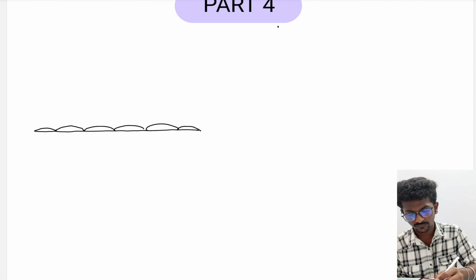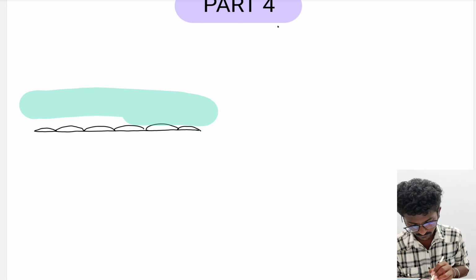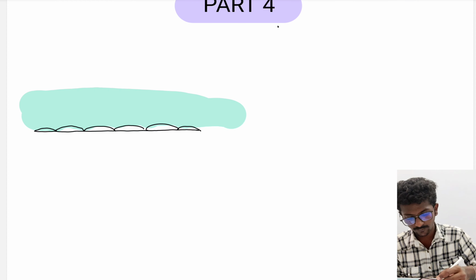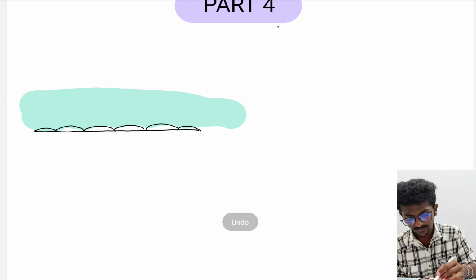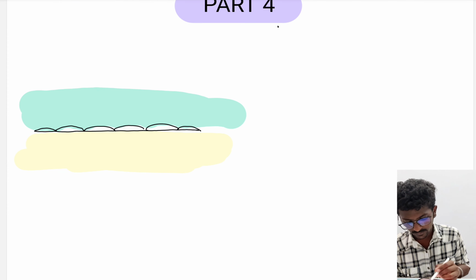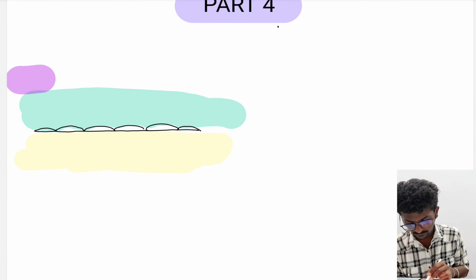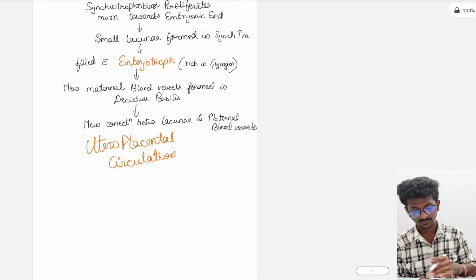Over the cytotrophoblast we have the syncytial trophoblast, and beneath the cytotrophoblast we have the somatopleuric extraembryonic mesoderm, and above that we have the decidua basalis.